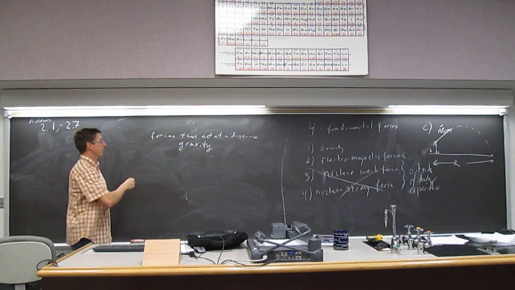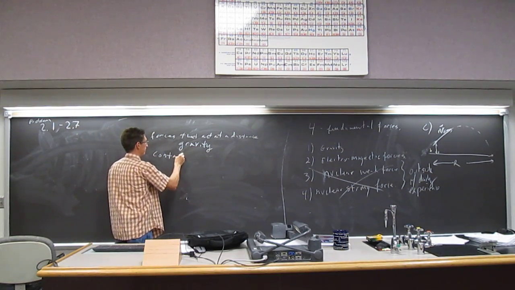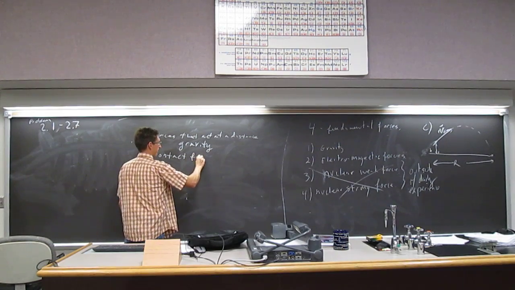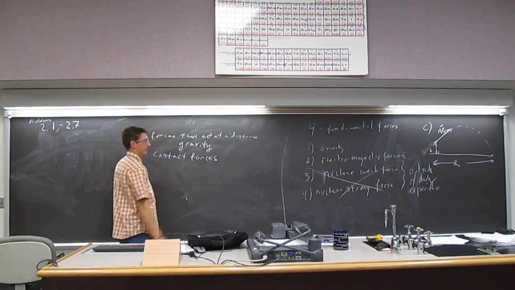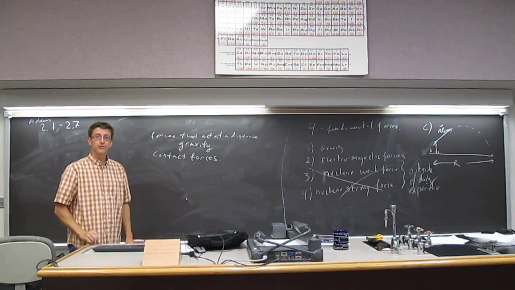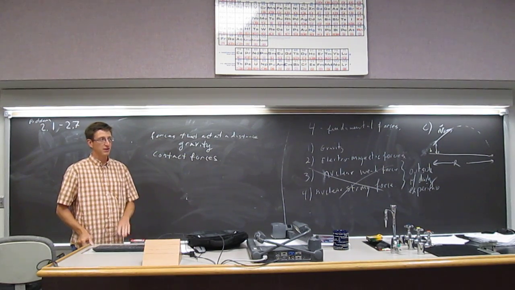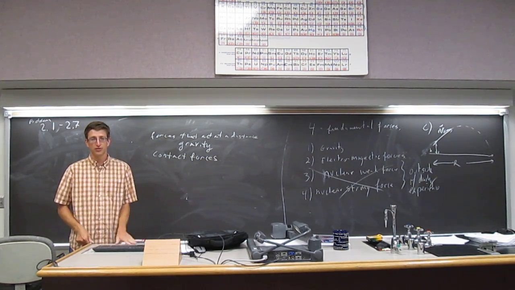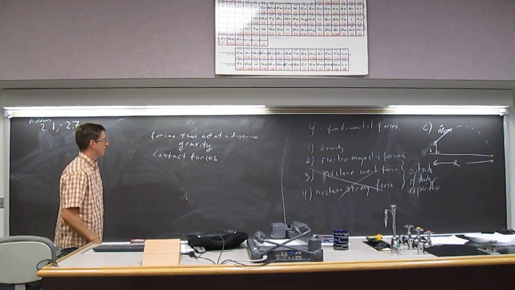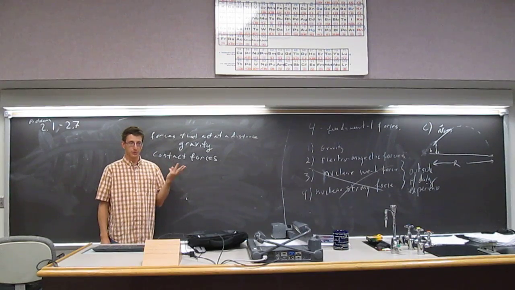And then the other types are contact forces. With contact forces, you have to actually be touching something in order for that force to be acting, or these are very short-range forces. There's basically three types of contact forces, in a broad sense.